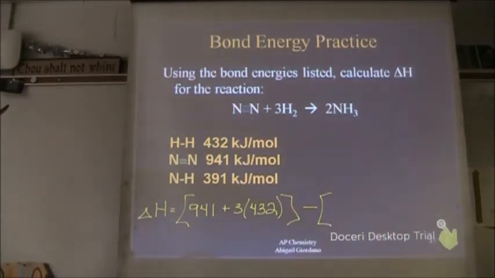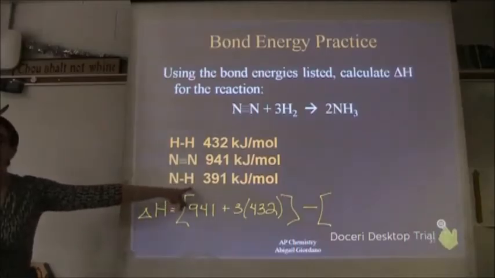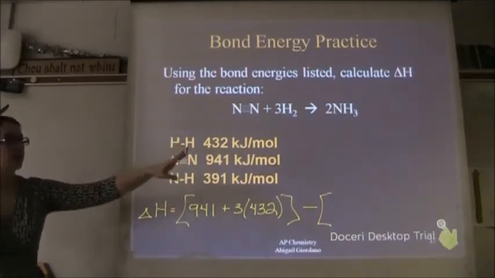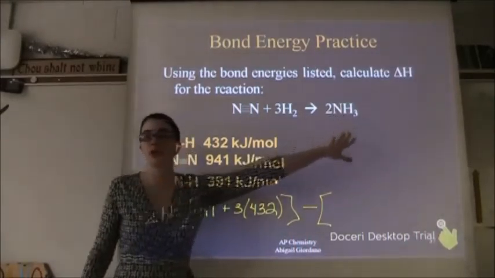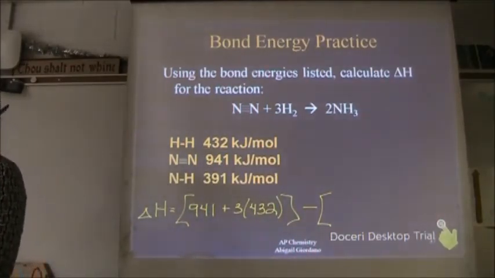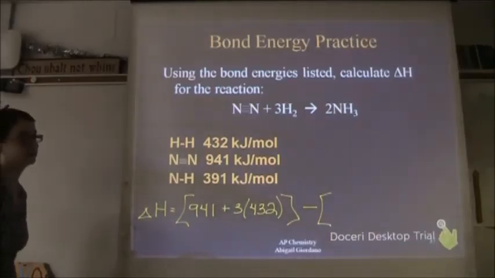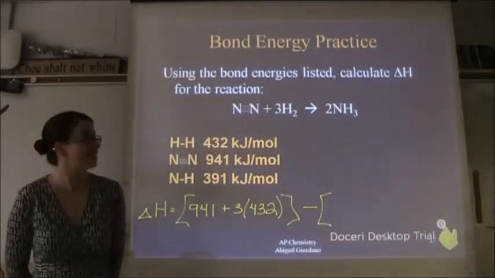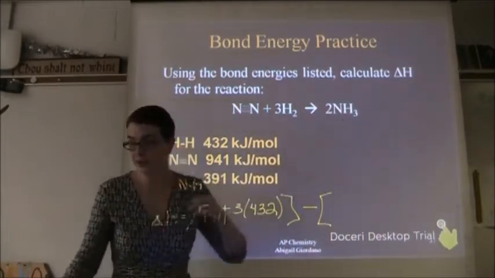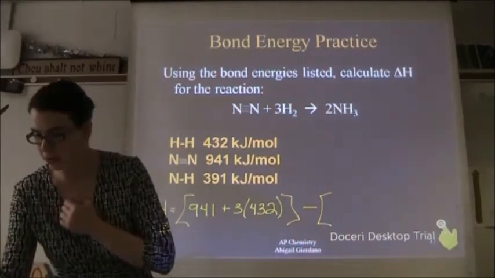bonds formed. I'm going to be forming some N to H single bonds within ammonia. Now don't answer immediately. Be careful. How many N to H single bonds am I going to be forming? The answer is not 2. 6. Be careful, okay? This is what ammonia looks like.